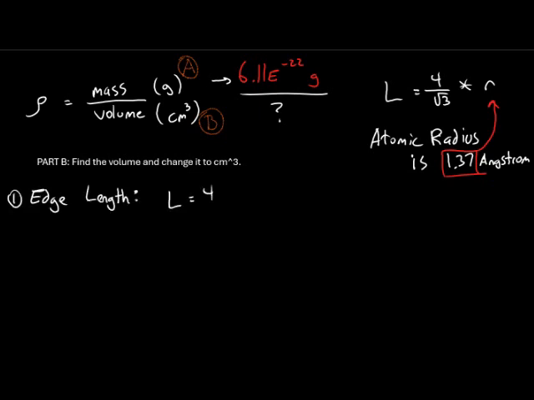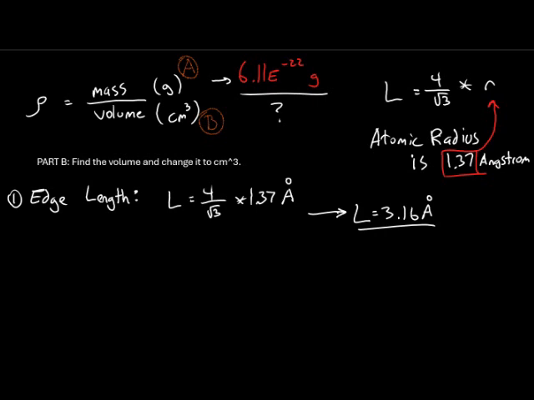We'll say that L is 4 divided by square root 3 times 1.37 angstrom. We abbreviate angstrom with an A and a circle over it. We'll place this operation into the calculator. After placing this in the calculator, we get an answer saying our edge length is 3.16 angstrom.